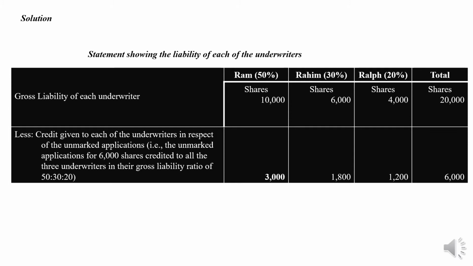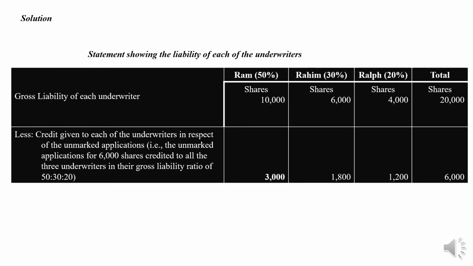Out of 20,000, 50% is underwritten by Ram, 30% by Rahim, and 20% by the last person, Ralph. 50% of 20,000 is 10,000, 30% of 20,000 is 6,000, and 20% of 20,000 is 4,000. Hope it is understood.